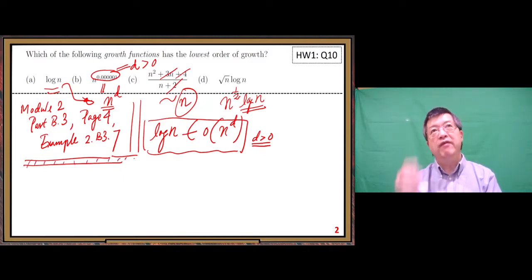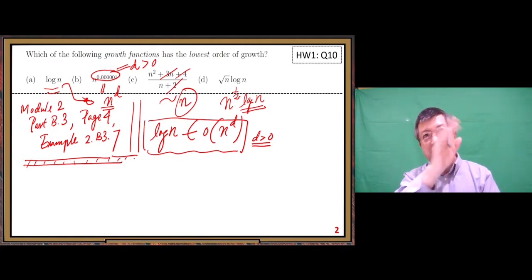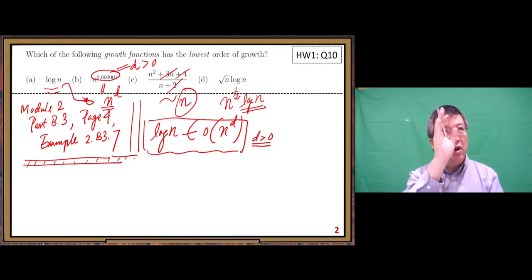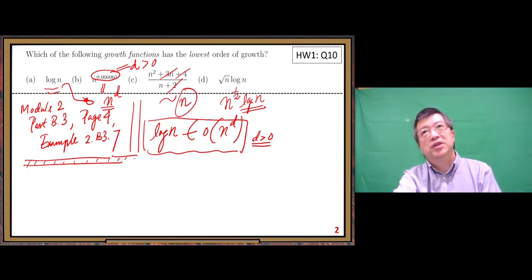If you are not convinced, you can study our proof. We give a very rigorous proof. Try to understand, because this result may be against your intuition. Your intuition will tell you a different way. So that decision is hard to make.